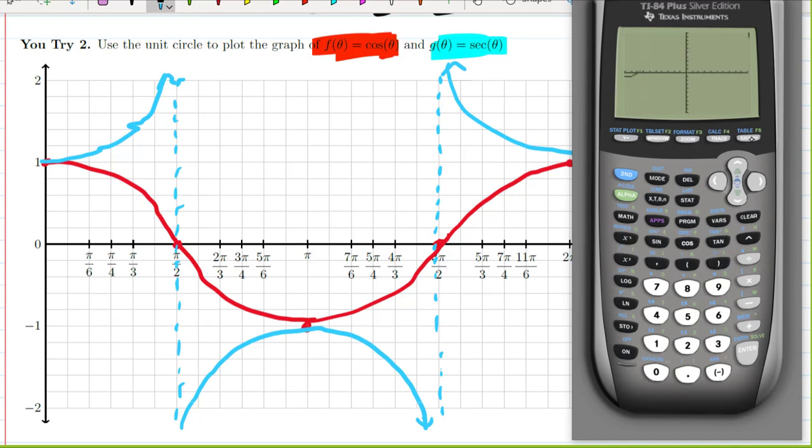And now if we graph, there's our cosine function. And you can see our asymptotes and what our secant is going to look like. And if we change our window to match what we have here, we have 0, we have 2 pi, and then on this it was -2 to 2, and our y scale is 0.2s.